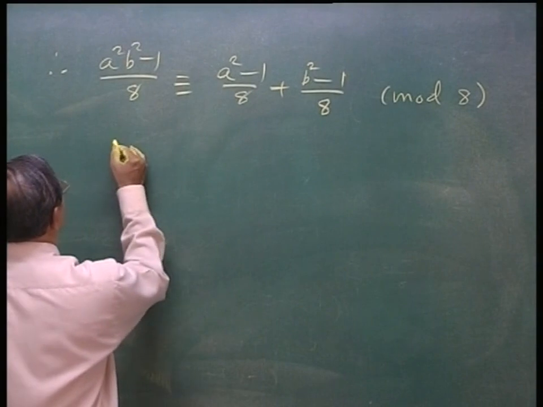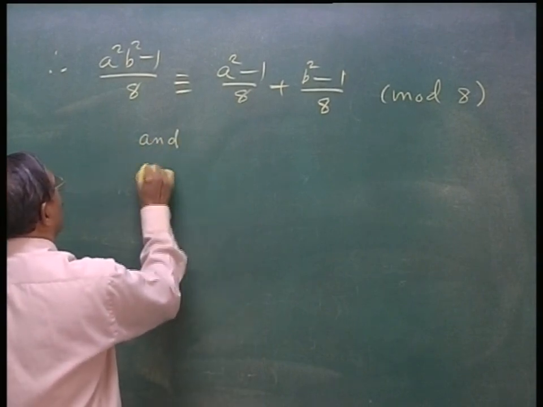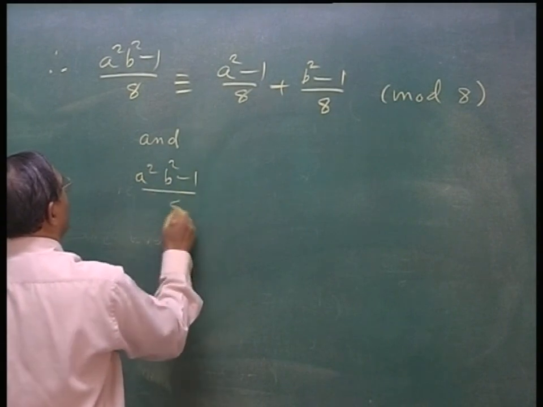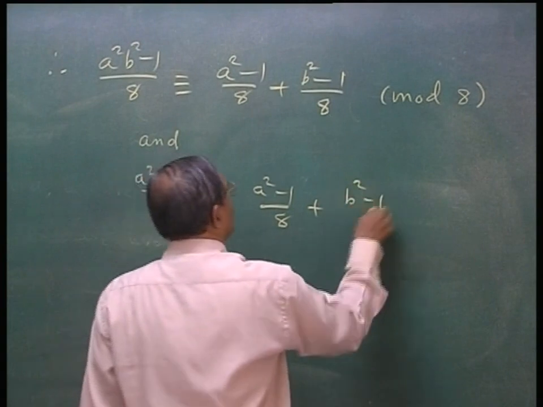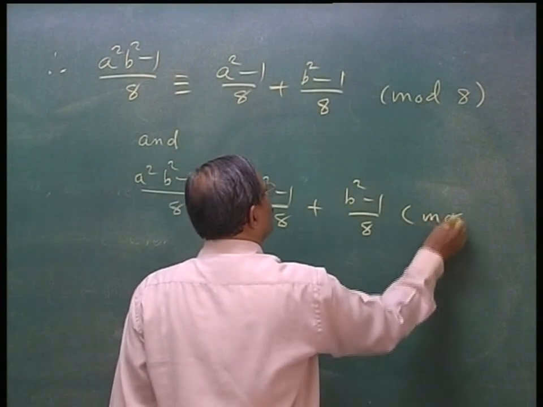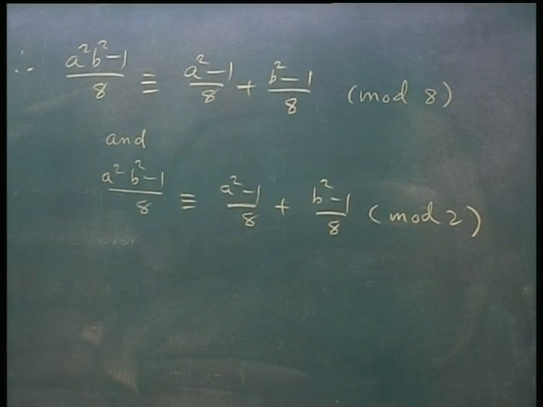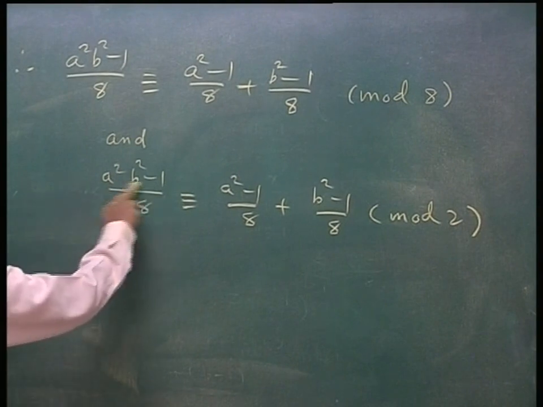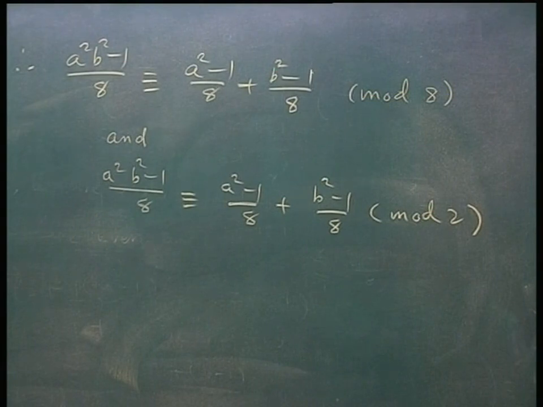And so (a square b square minus 1)/8 is congruent to (a square minus 1)/8 plus (b square minus 1)/8 mod 2. This much is enough for us. So you can just replace this ab by Q1 Q2, or Q1 Q2 Q3 and so on. You can have a similar result.